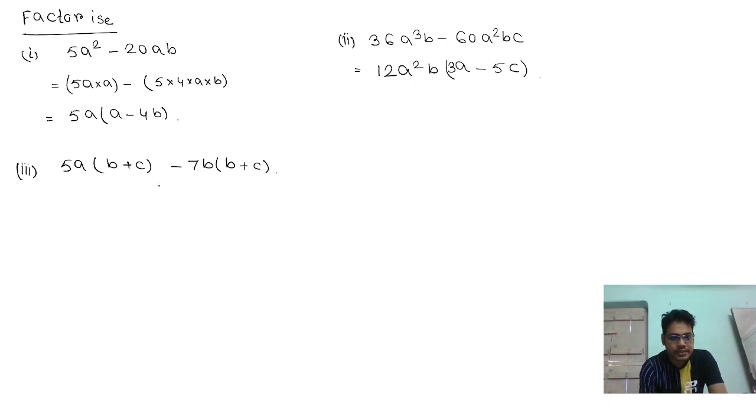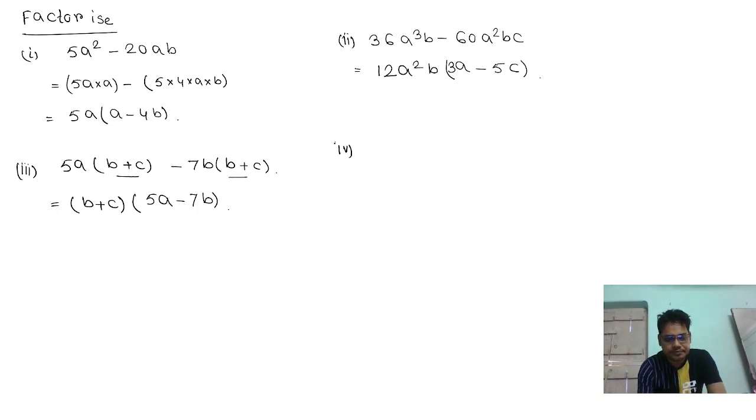Now you can check that b plus c is common in these two terms. So first take common b plus c. If you take b plus c common, in the first term 5a is left, in the second 7b is left. So the answer is (b plus c) into (5a minus 7b).